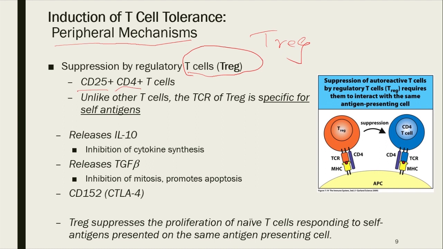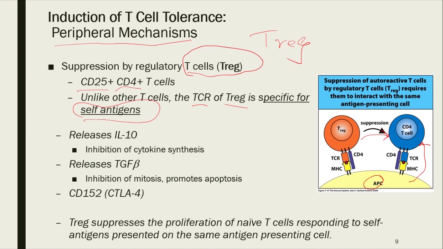They are unlike other T cells: the T cell receptors of Treg cells are specific for self antigens. Here is an example showing an antigen presenting cell interacting with CD4 T cells with the self peptide, self antigens, and the Treg cell binding to the same cell at the same time, performing regulatory functions where it can interact with and suppress the autoreactivity of T cells.